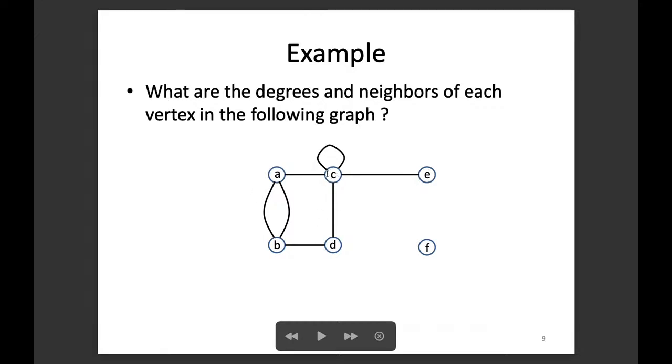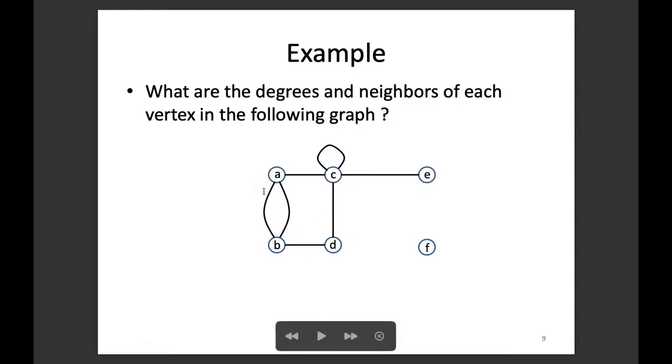Normally degree counts the number of edges incident with the vertex. So for vertex A here, we count 1, 2, and 3. This is the degree of this vertex. But for C, we count 1, 2, 3, 4, 5. So it means that when it is a self loop, the number of edges incident with the vertex is counted as 2 rather than 1.